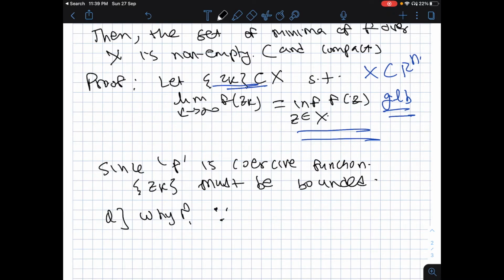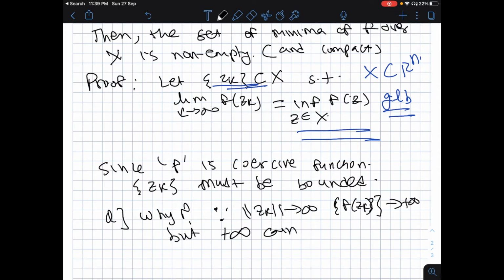Because if the sequence z_k goes to infinity, to the contrary, then where will the sequence f(z_k) go, by the definition of a coercive function? It will go to plus infinity. But plus infinity cannot be the infimum of a non-empty set.